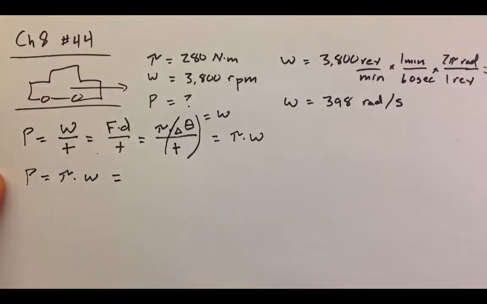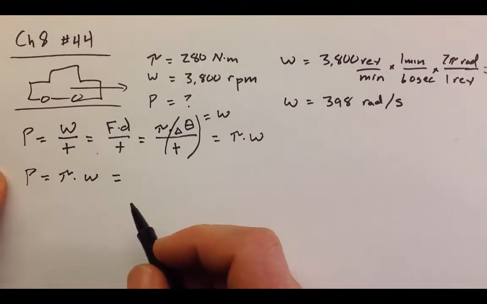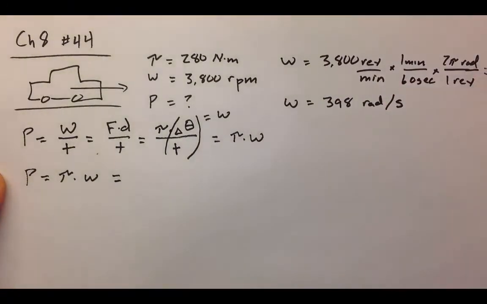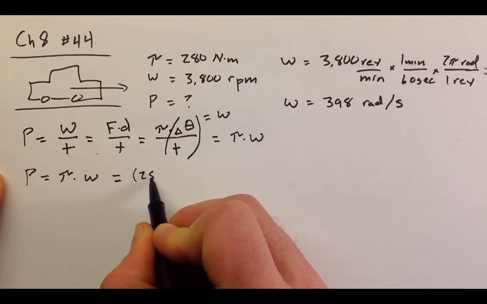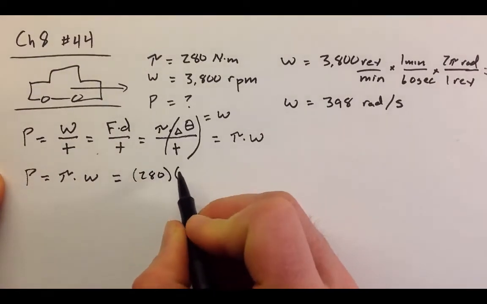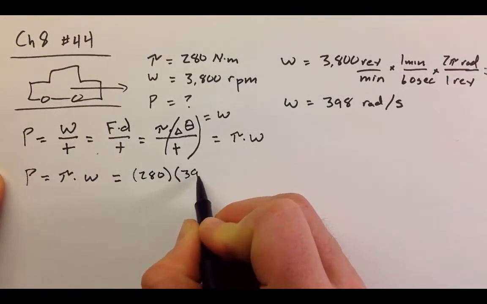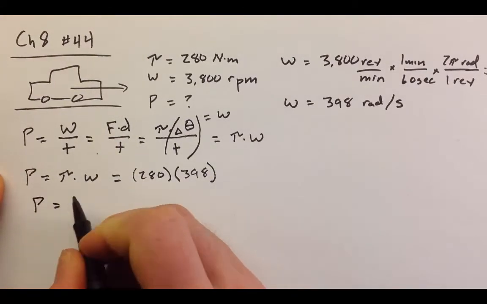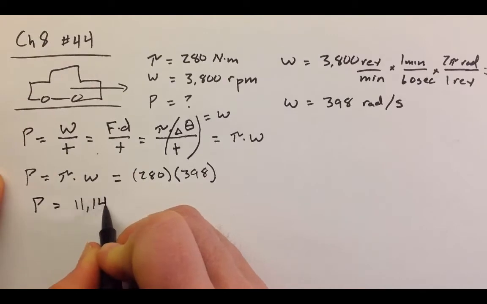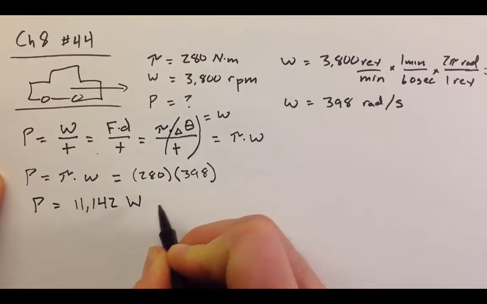So the power of this engine should be the torque it exerts times the angular speed, which should be 280 times 398, and therefore the power turns out to be 11,142 watts.